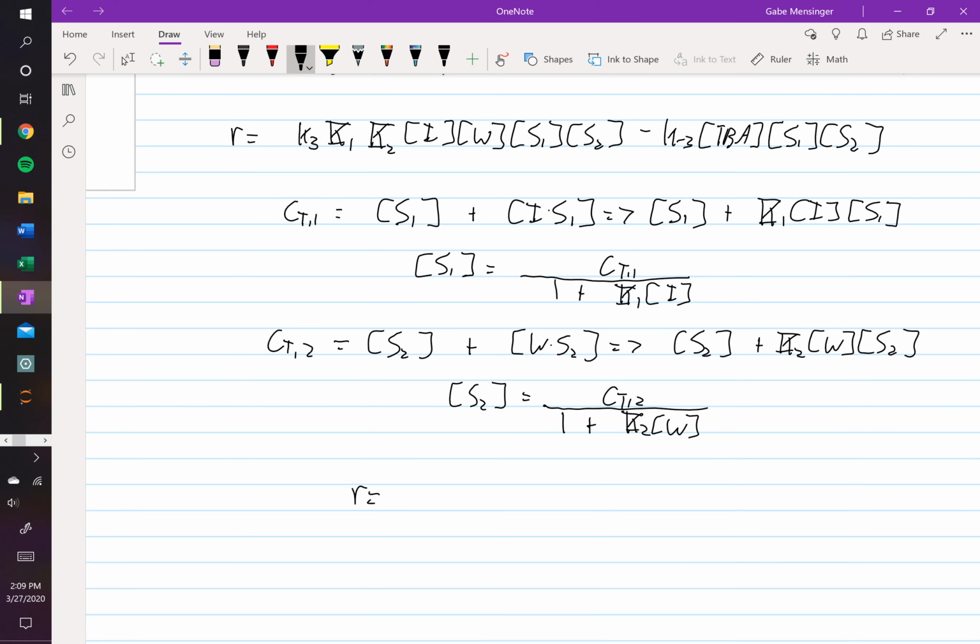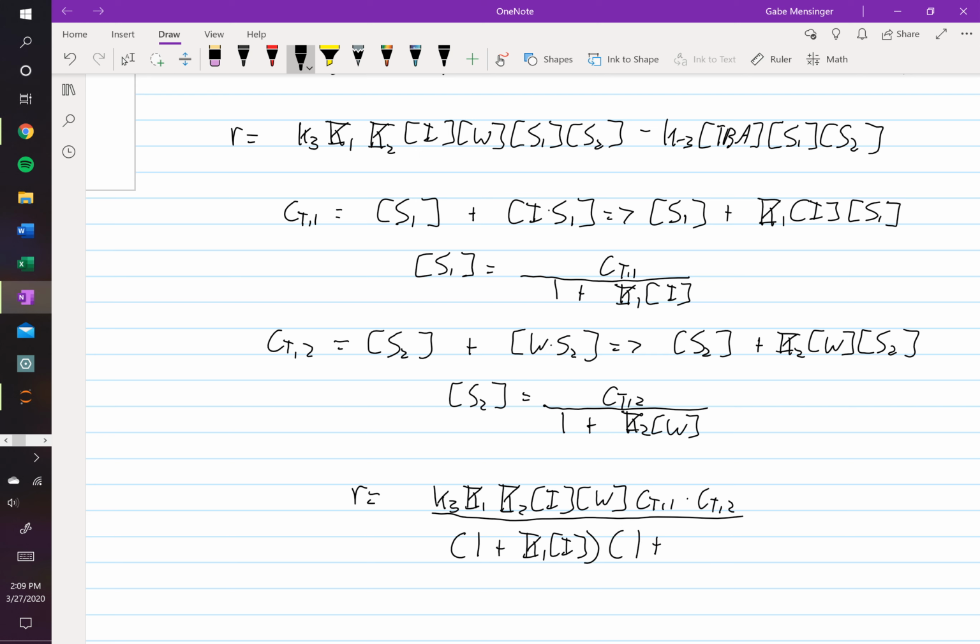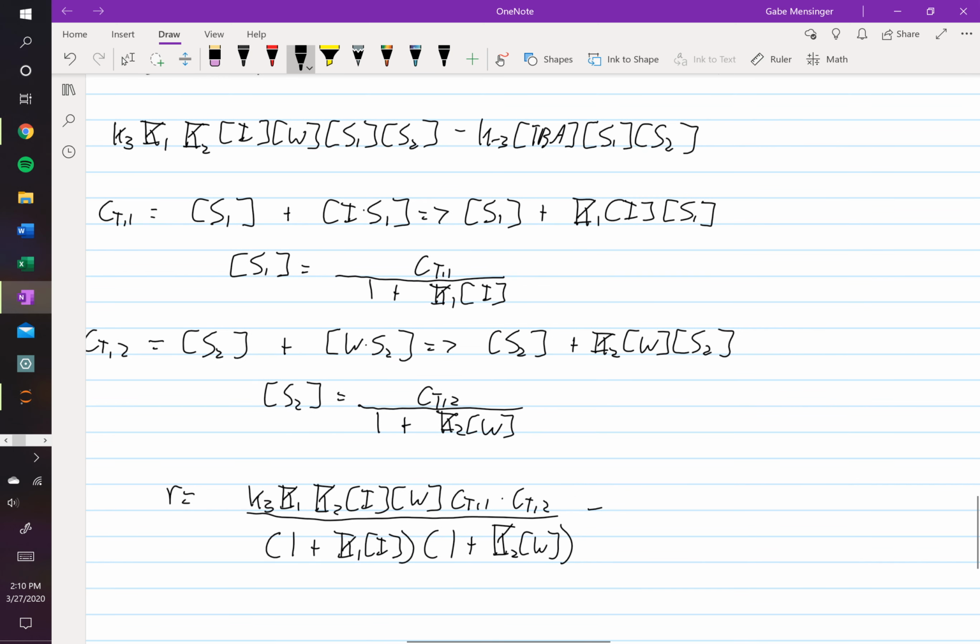So we will end up with R is equal to K3 times capital K1 times capital K2 times I times W times CT1 times CT2 over 1 plus capital K1 times I, 1 plus capital K2 times W, minus K minus 3 times TVA times CT1 times CT2 over the same denominator as before.